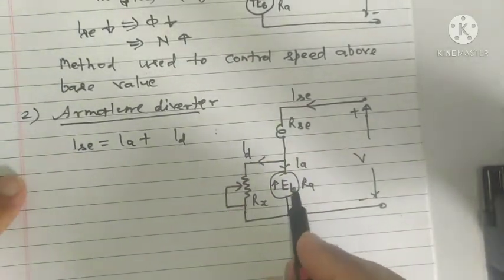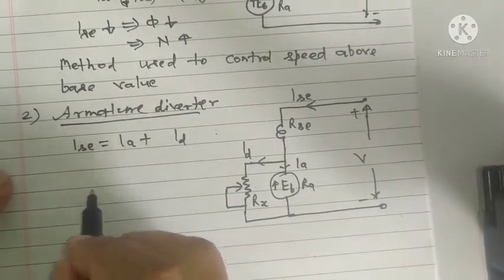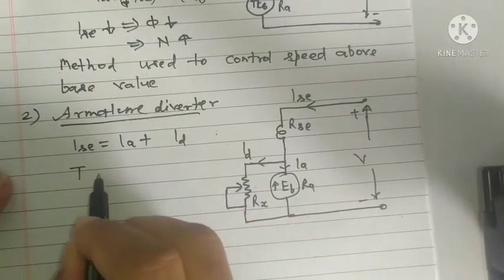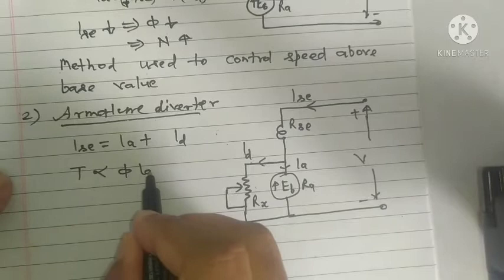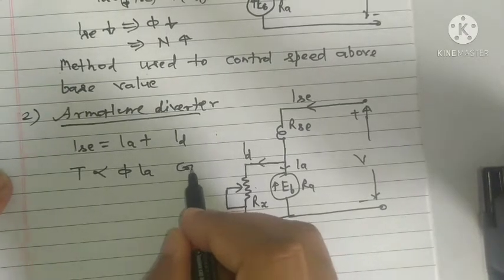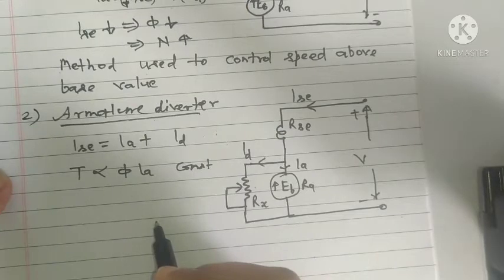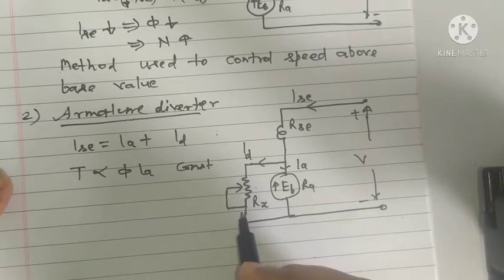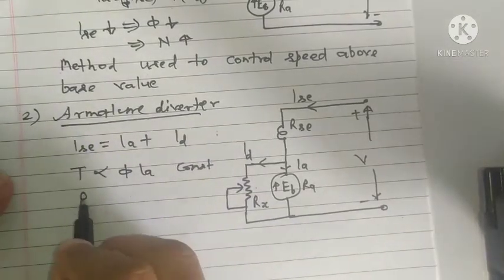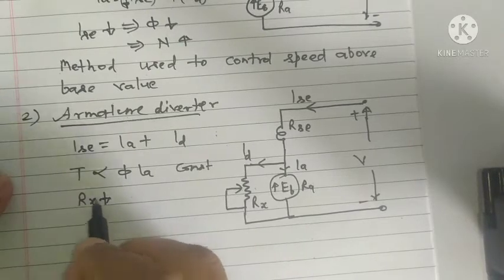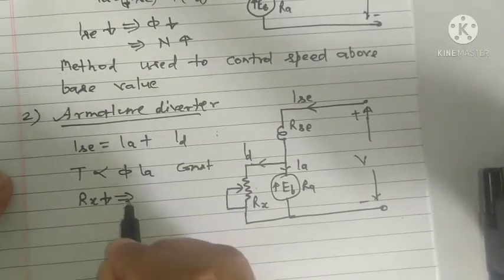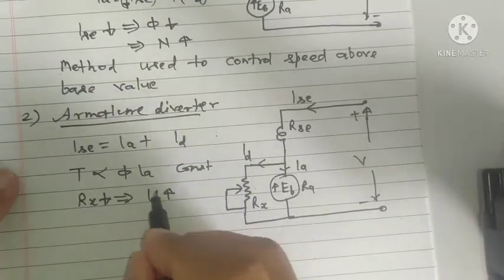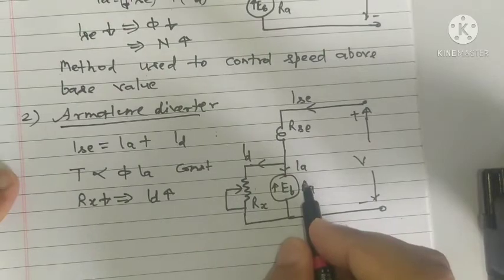Now when we are controlling speed of motor for a given load, as load is constant, load torque will also be constant. So T, which is directly proportional to phi IA, must be constant, right? So when I decrease Rx, when this resistance decreases, what will happen? ID will increase, means more and more current will flow through this, and armature current will decrease.